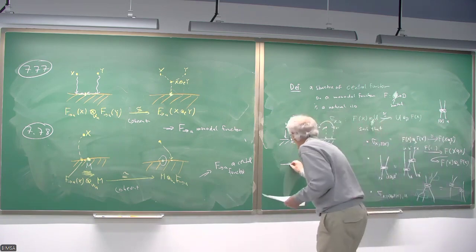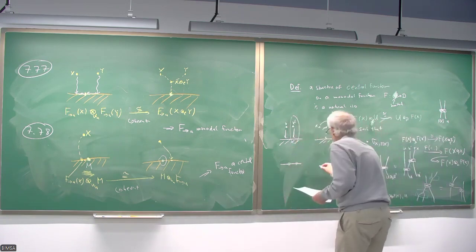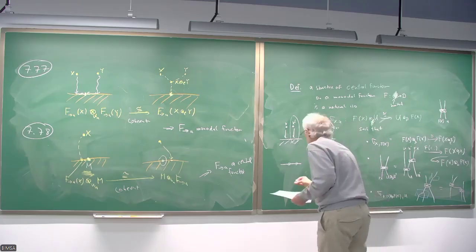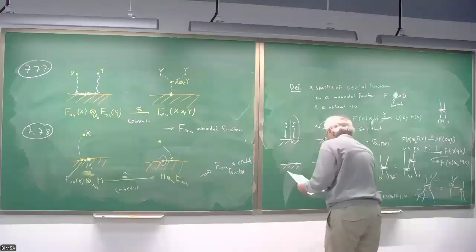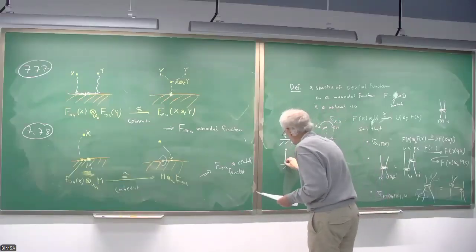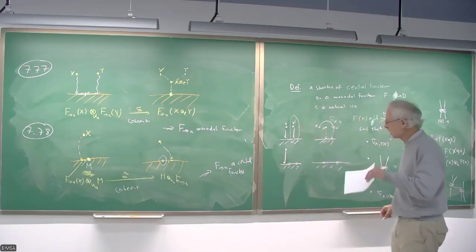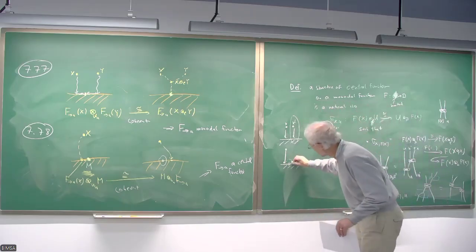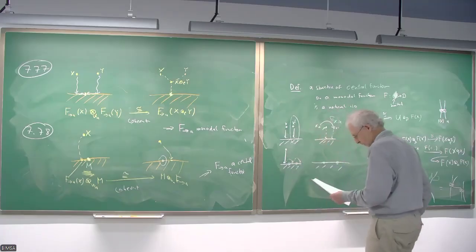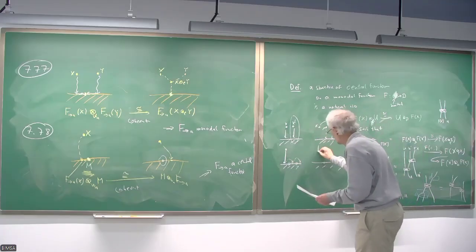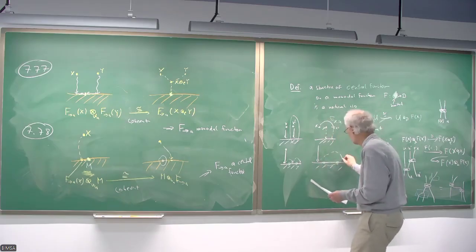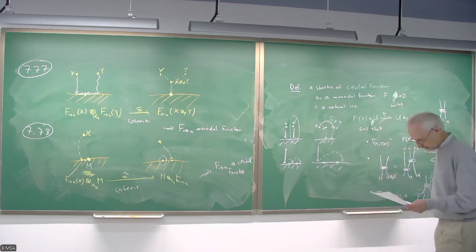So I have 2 line insertions on the boundary, and one bulk insertion which I can bring to the boundary, then use sigma to go here, and then go again the next step. But I can also say I first take the tensor product here, and then go in 1 step.